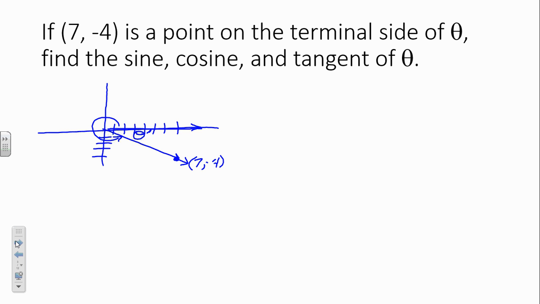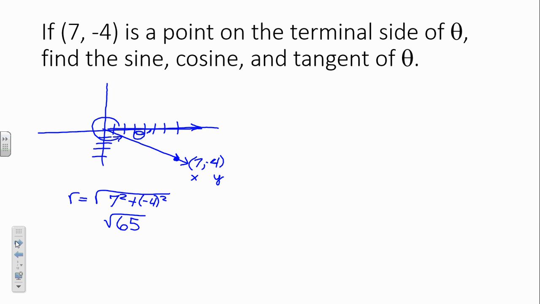So we know the x value. We know the y value. What do we need to find first? R. So R will be equal to the square root of 7 squared plus negative 4 squared. So 49 plus 16 is how much? 65. So we'll have the square root of 65 as our R. Okay?